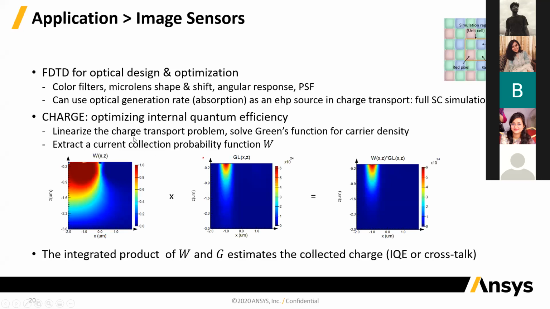So this allows you to simulate the electrical transport, and also, for example, you can calculate the quantum efficiency and also crosstalk. As light gets collected in one pixel, some of that may propagate into different pixels, and you want to reduce that. So that's why you want to first run simulations and figure out how much crosstalk you have in your image sensor.